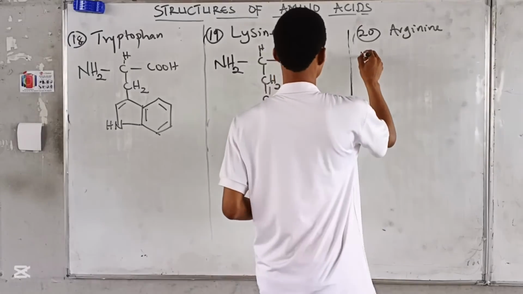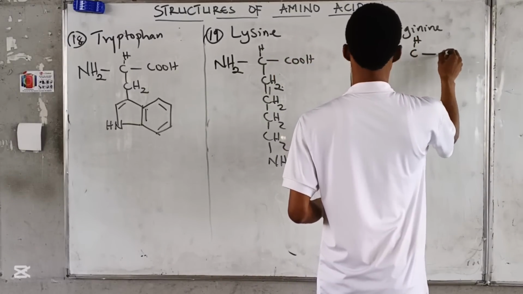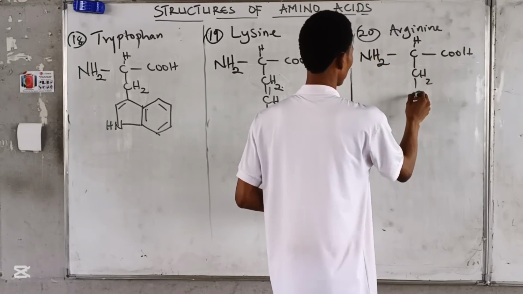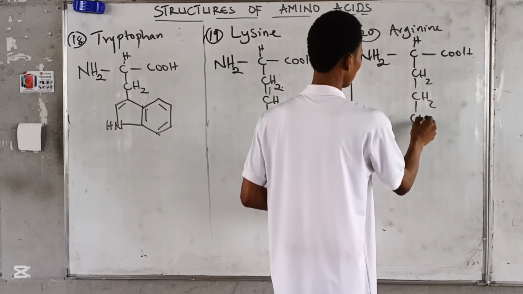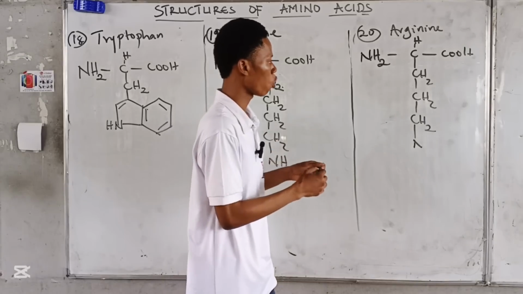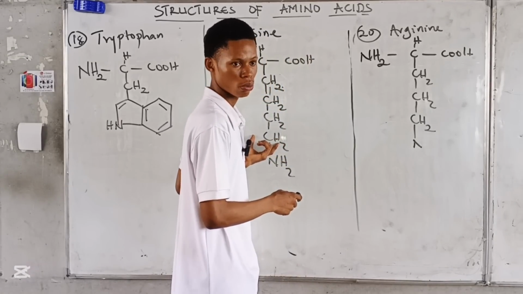Now look at this. Now 1, 2, 3. It's supposed to be 4, right? It's supposed to be 4, but the last carbon is shielded with amino group.